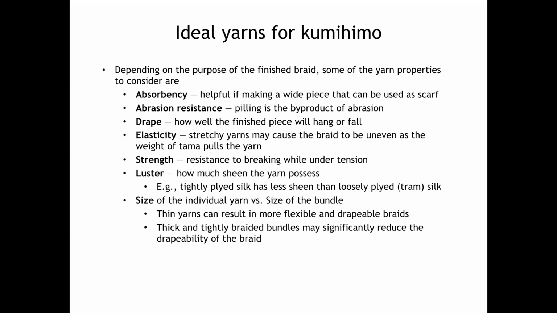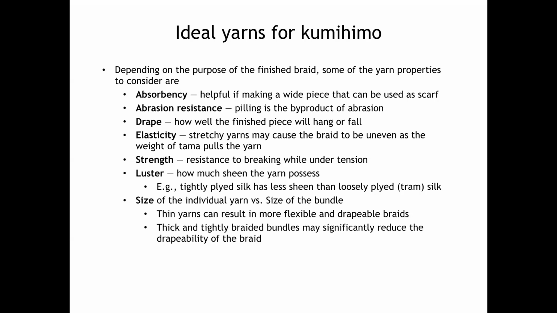Luster and the size of the individual strands, the individual yarns, are also important. The luster means either you have a very shiny finished braid or you don't, and it all depends on what you're using. The size of the individual yarn is important also in terms of what you're expecting to be able to do with the piece.